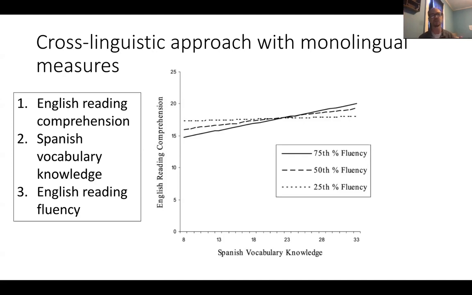So this was an example of using more sophisticated statistical techniques, if rather than just comparing performance in one language and another, you can use the monolingual measures to model cross-linguistic behavior. And this is one example of how that can be done.